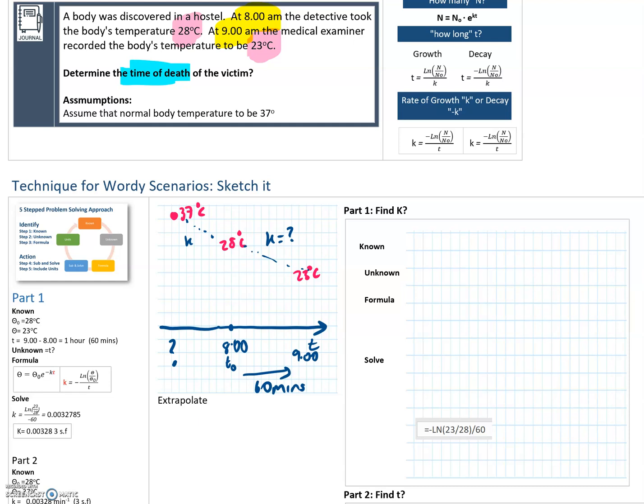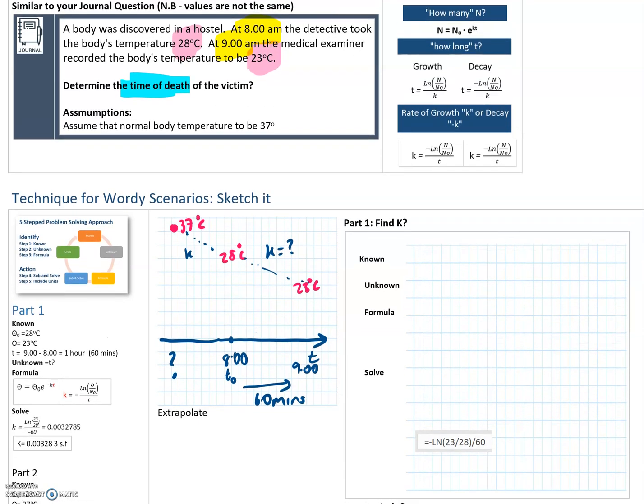So we have all the bits that we need to find K, so we're going to identify those in the question first. The formula that we would have used for other questions is N equals N0 e to the kt. We can use something similar here. We're just going to replace N with theta for the temperature.